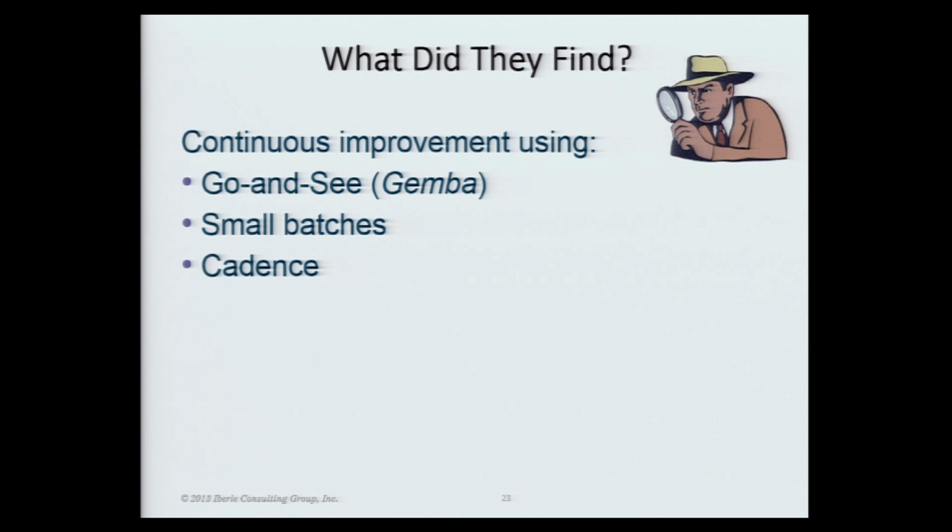So what did they find? So these researchers found they were doing this continuous improvement using some tools which are fairly familiar. The first one's called go and see, or in Japanese, gemba. And in America, we often call this being data-driven. So it's saying, don't make a decision based on a standard, this is the right thing to do, everybody knows, which is something I used to do a lot back in the 80s and 90s.